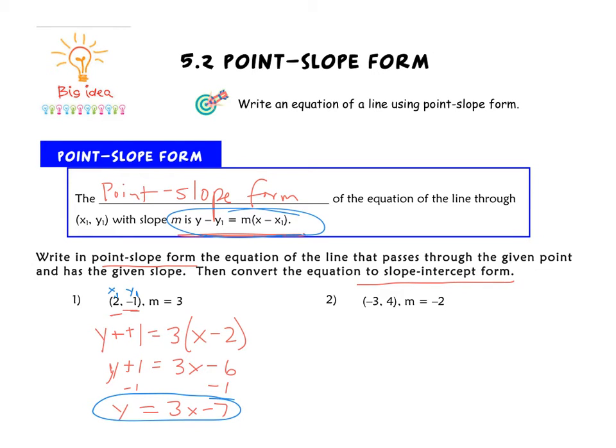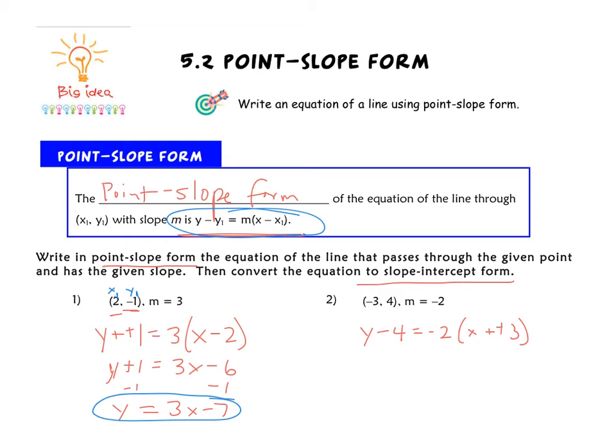Alright, let's practice it again. So I do y minus the y value, so y minus 4 equal to m, which is negative 2, and then parentheses x minus negative 3. When I subtract a negative, that's the same thing as adding.